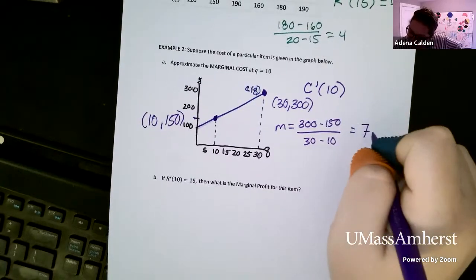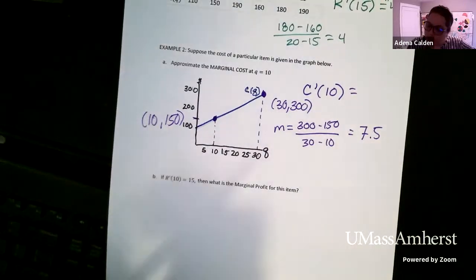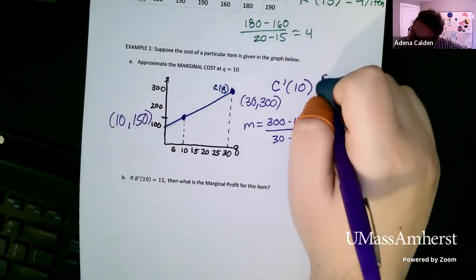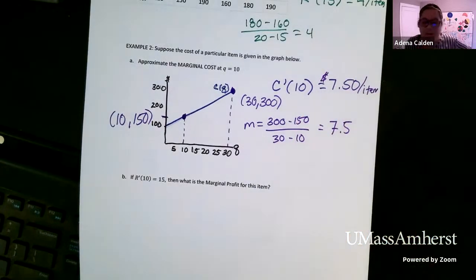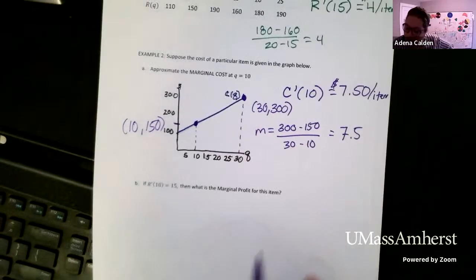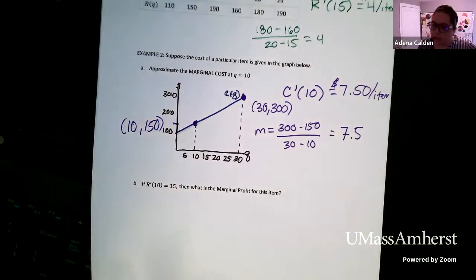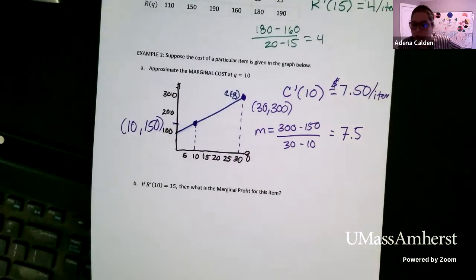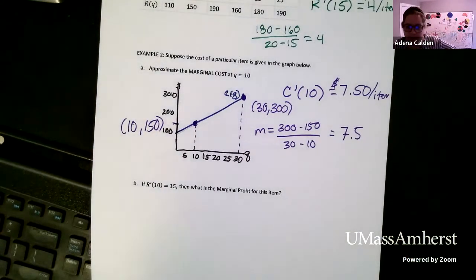That gives me 7.5. Since we're talking about money, we want 2 decimal places, so it's $7.50 per item. In practical terms, if I am producing 10 items, it will cost me an additional $7.50 to make one more item. To go to 11 items, it's going to cost me $7.50.